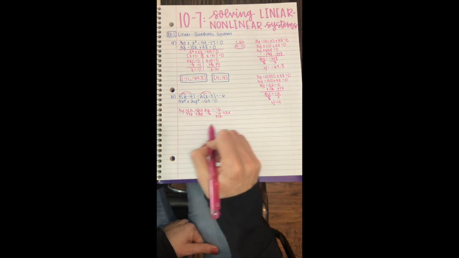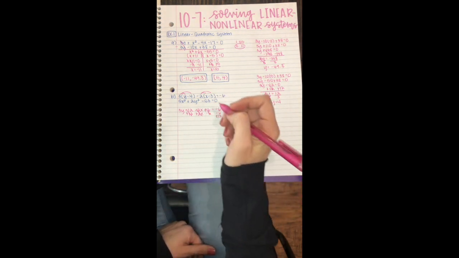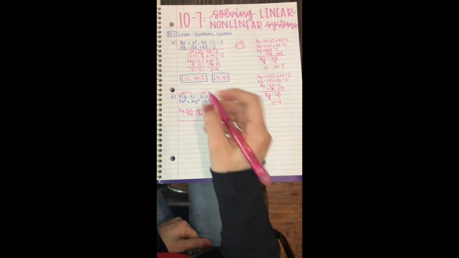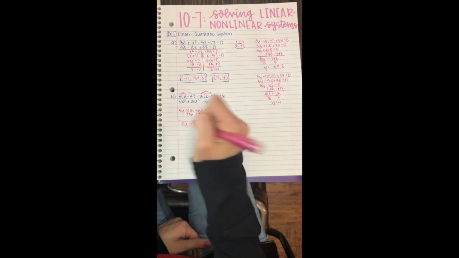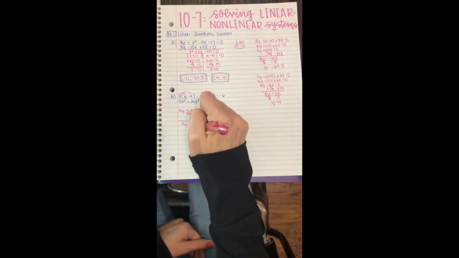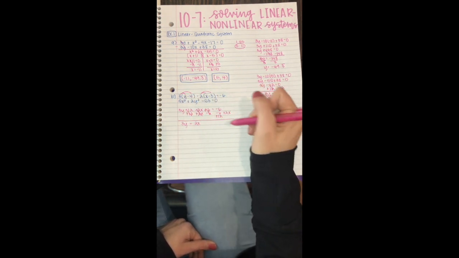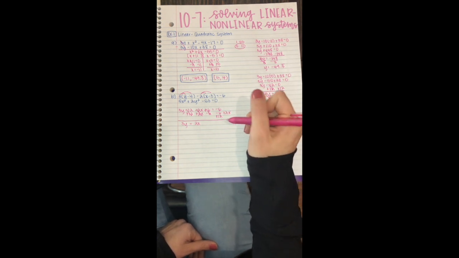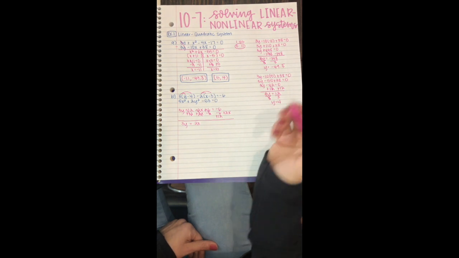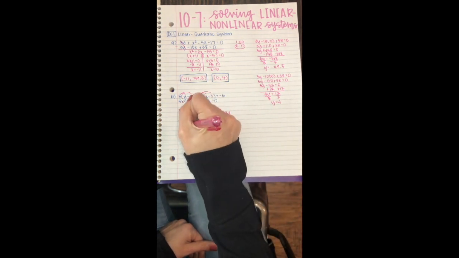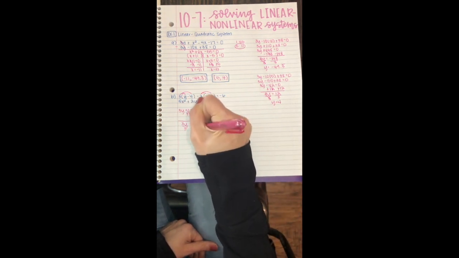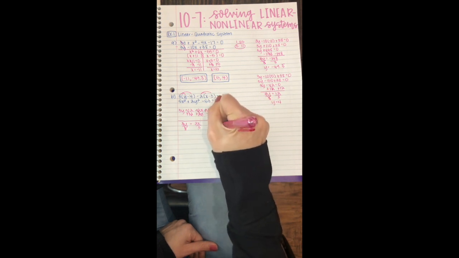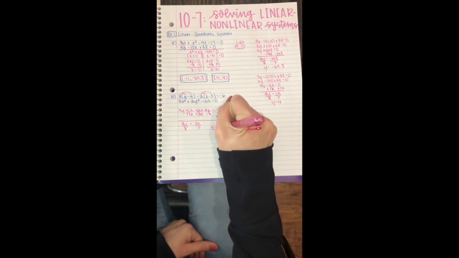This would be moving everything to the other side except for that 3y. So we're left with 3y = 2x, since -6 and -6 is -12, plus 12 is actually 0. Divide by 3, y = 2/3 x.